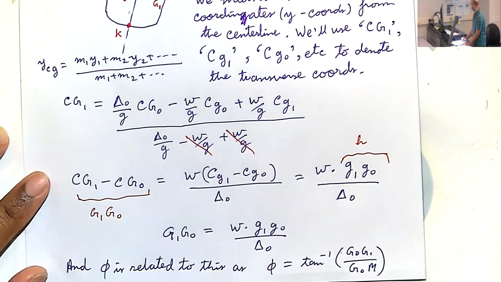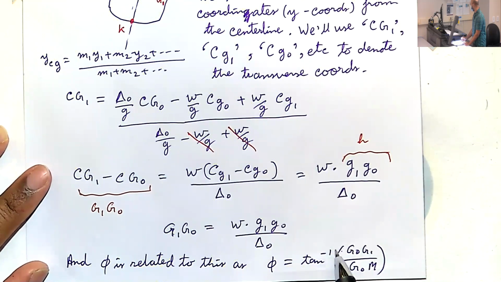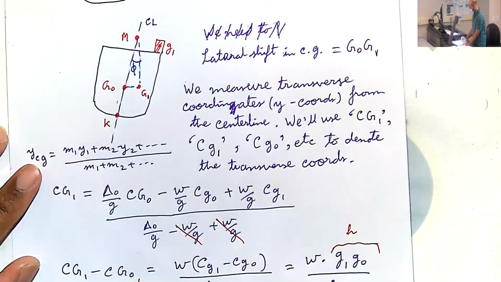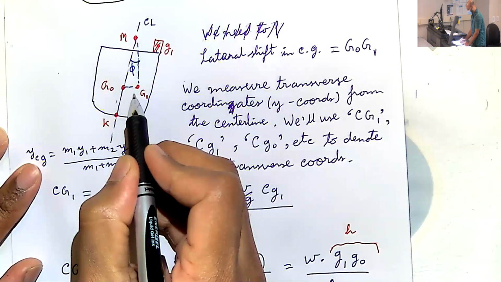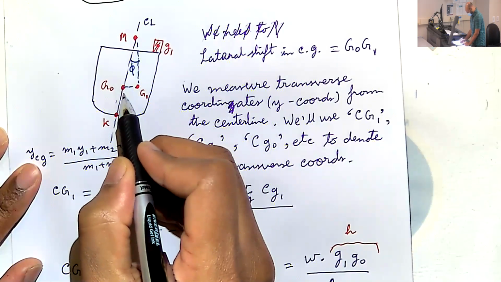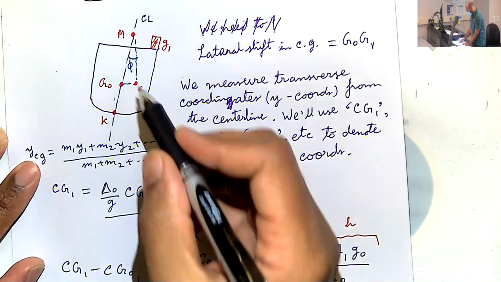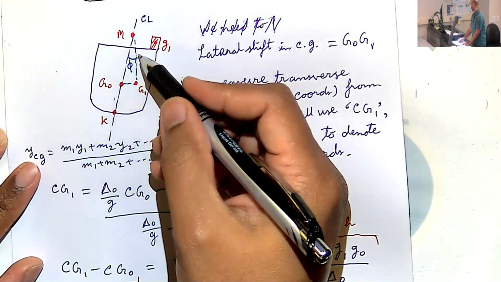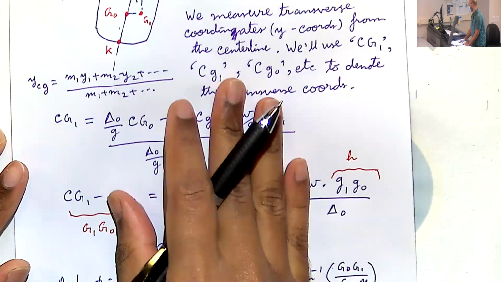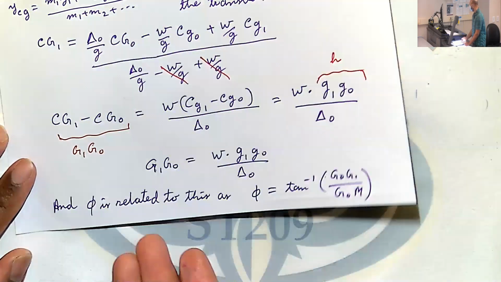That's just trigonometry, because we have a right angle triangle here. G0G1 we just computed, and G0M we knew from the original configuration. So you can compute the roll angle.